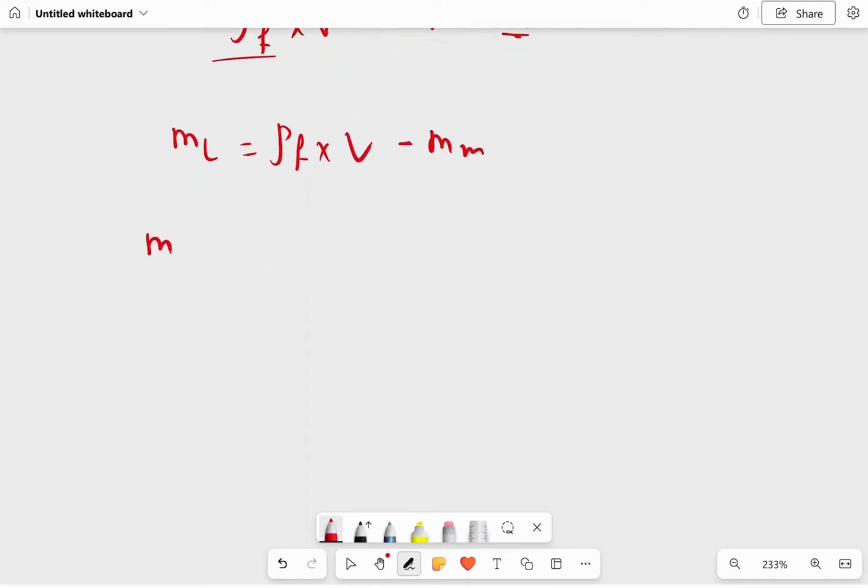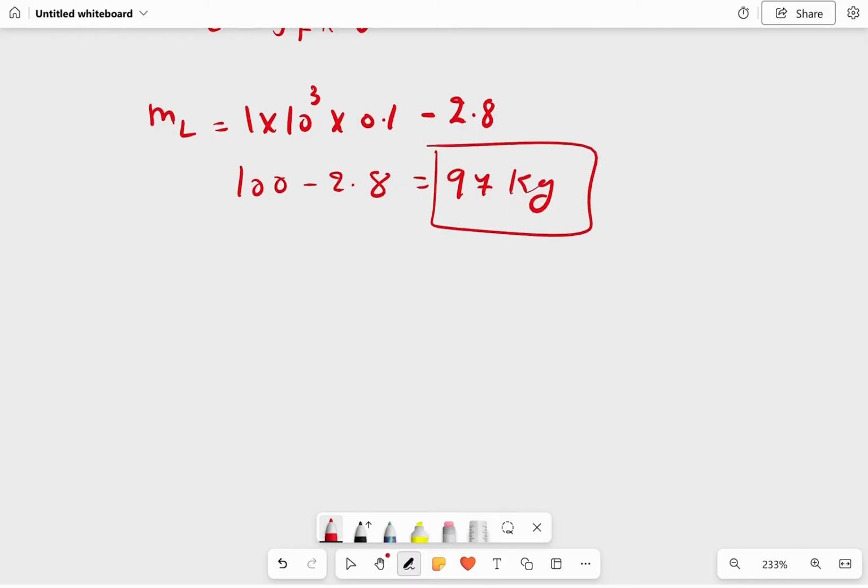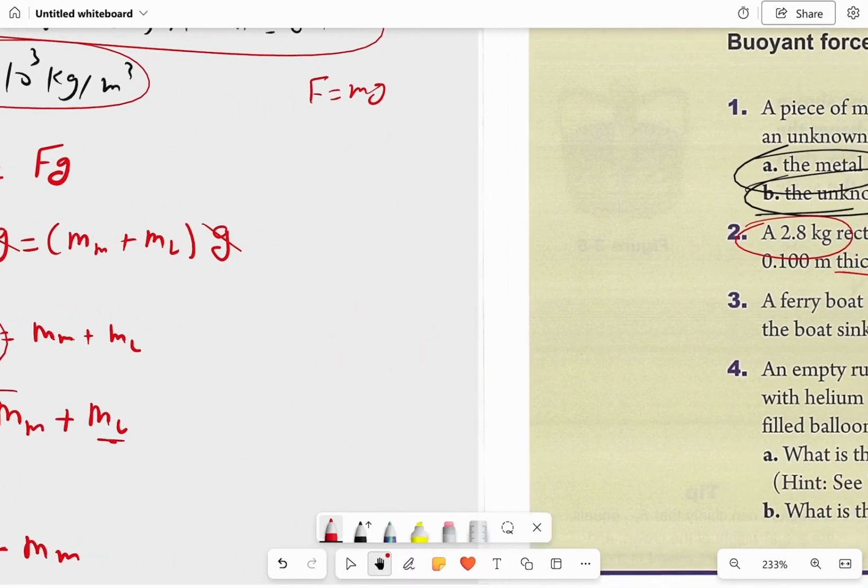Now ML is equal to 1 times 10 to the power of 3 times 0.1 minus 2.8, which is the mass of the mattress. Subtract all of this: you get 100 minus 2.8, then you get 97 kilograms, approximately. This is the mass of the load before the object sinks.